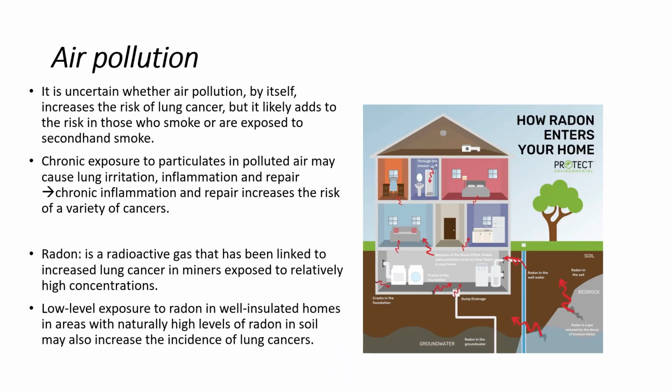It's uncertain whether air pollution by itself increases the risk of lung cancer, but it is likely that it adds to the risk of those who smoke or are exposed to secondhand smoke. Chronic exposure to particulates in polluted air may cause lung irritation, inflammation, and repair. And this chronic inflammation and repair may increase the risk of a variety of cancers.